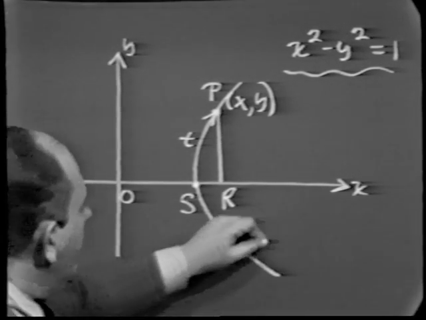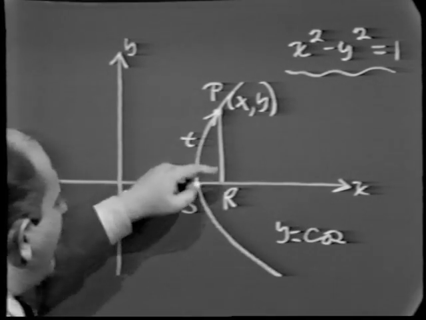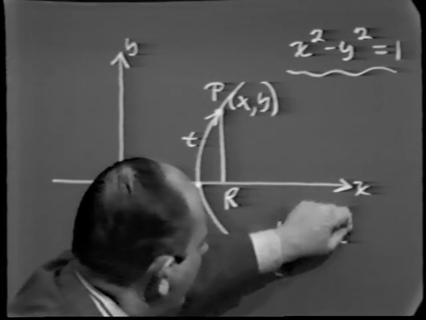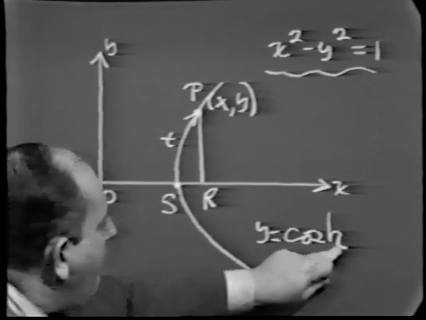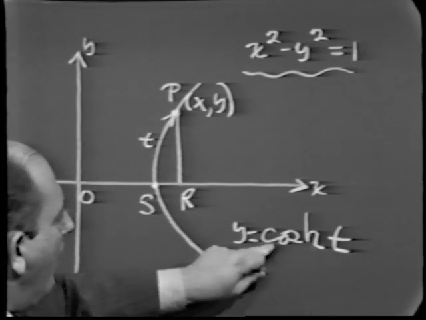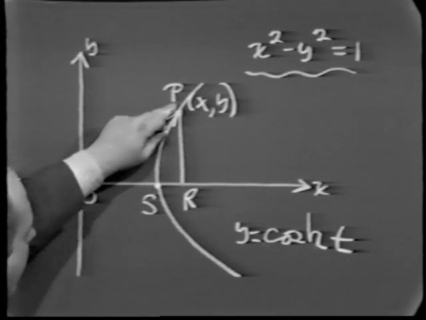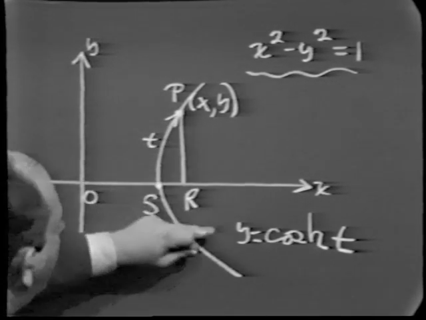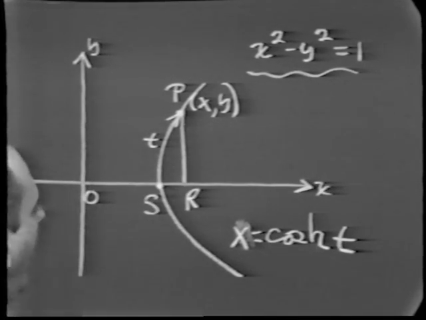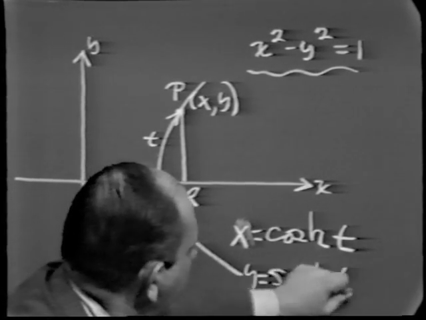The y-coordinate to be the hyperbolic, well, we couldn't call it cosine anymore because it would be confused with the circular functions, we could have invented a name, as we later will, called the hyperbolic cosine. I won't go into any more detail on this. Call the x-coordinate the hyperbolic cosine, the y-coordinate the hyperbolic sine.